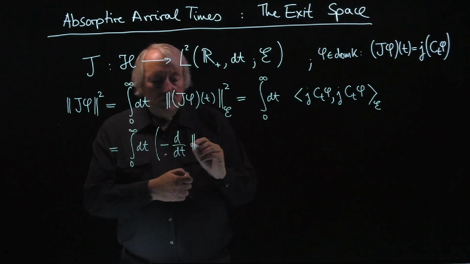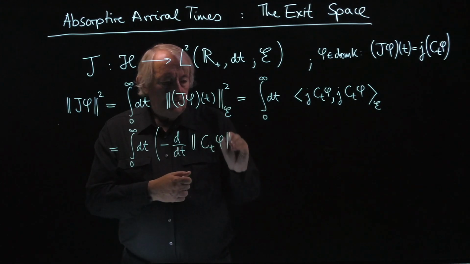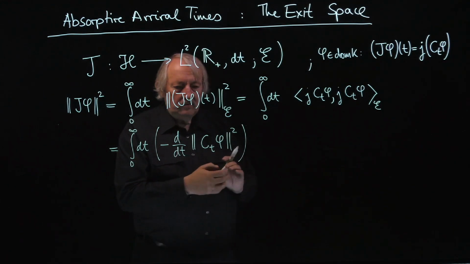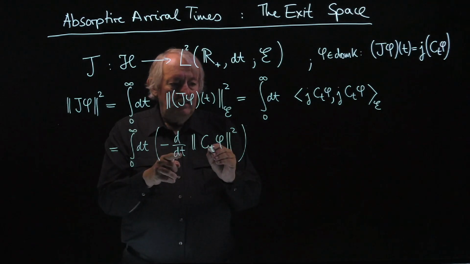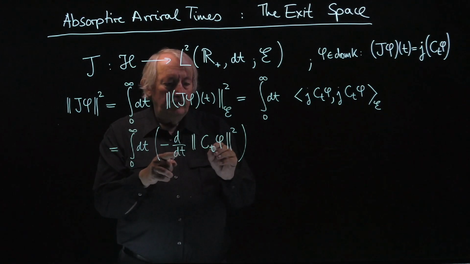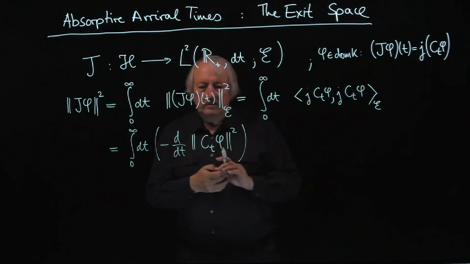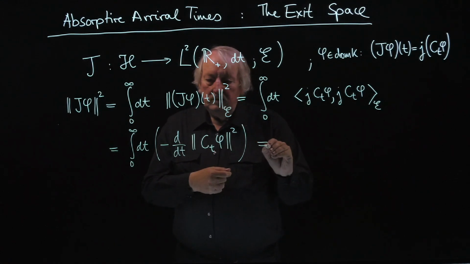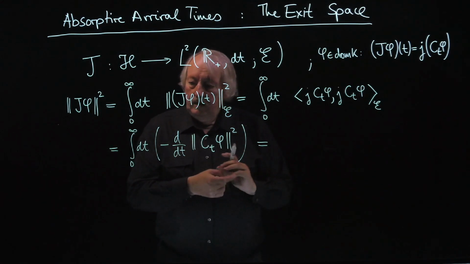So we take the derivative with respect to c_t, but actually there's a small additional shift, and we differentiate with respect to that. But it's the same as differentiating this function. So this is an integral of a derivative. We know what to do with that.